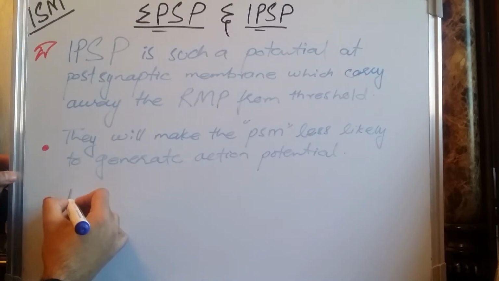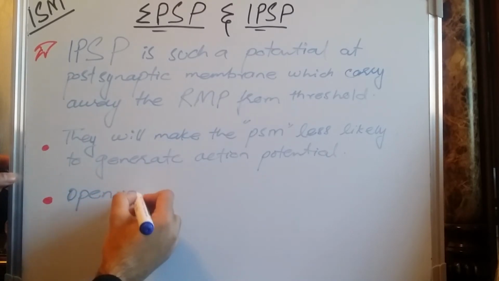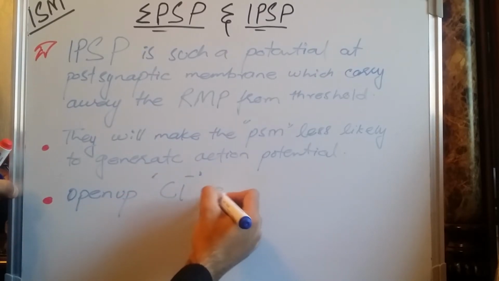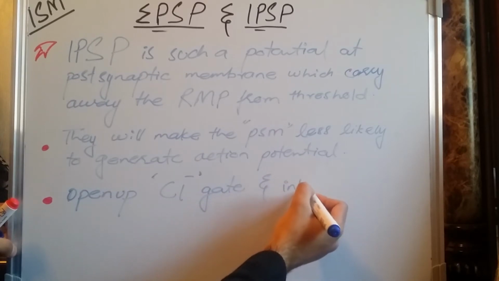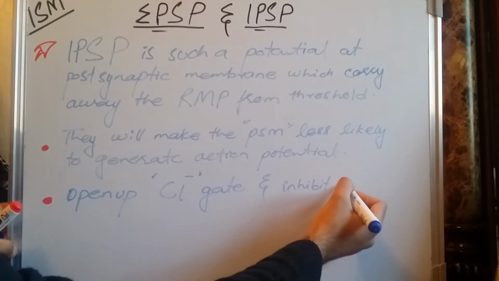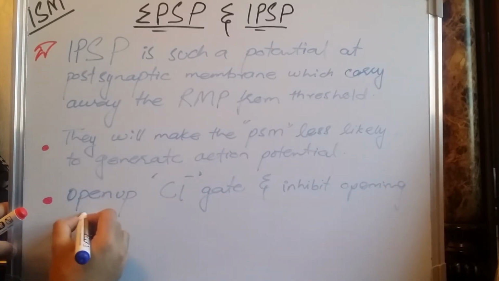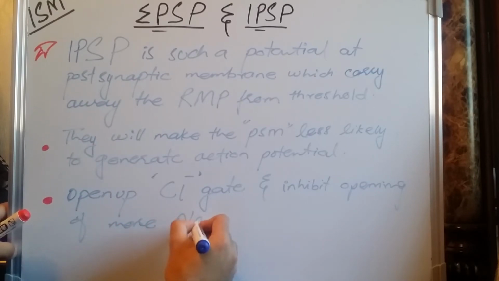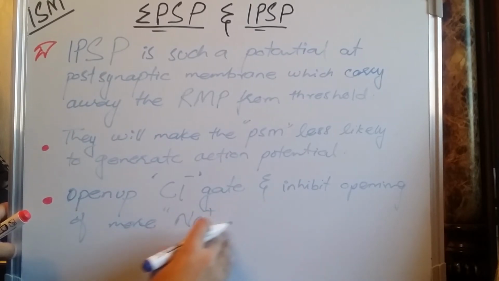They open up chloride ion gates and inhibit the opening of more or fast sodium ion gated channels, or simply sodium channels.